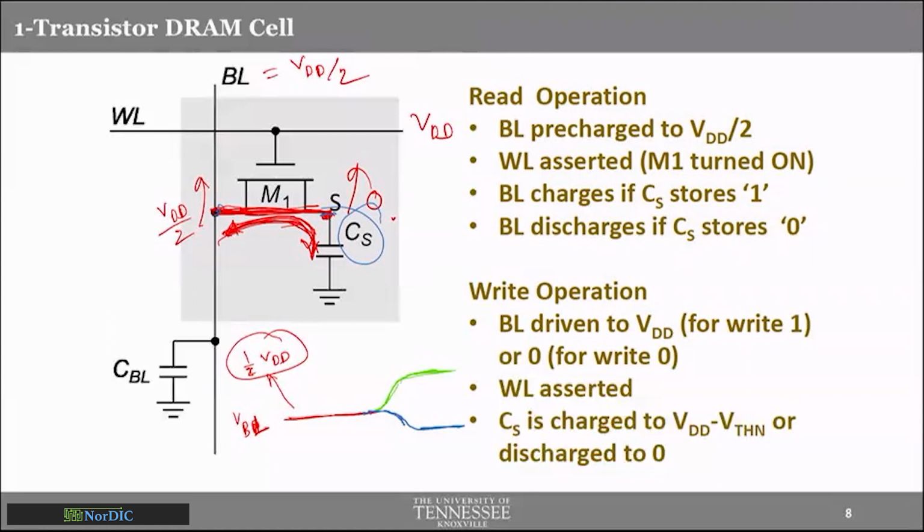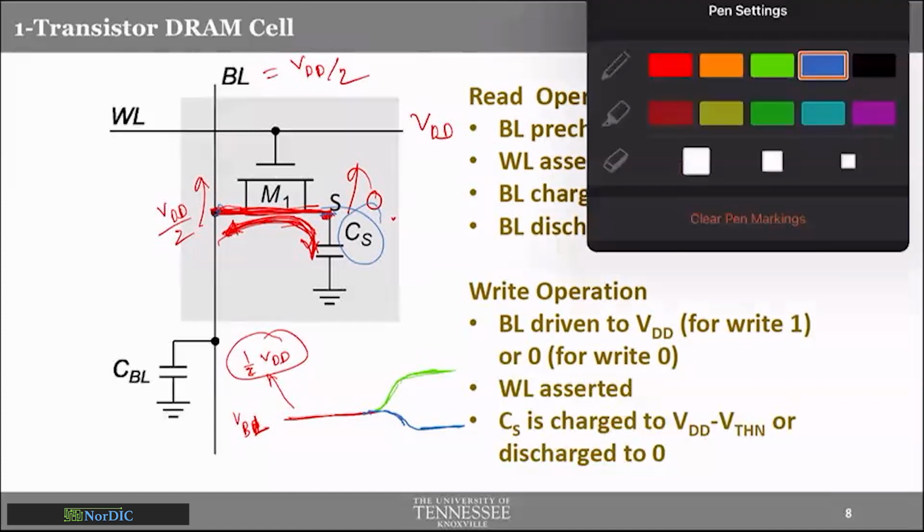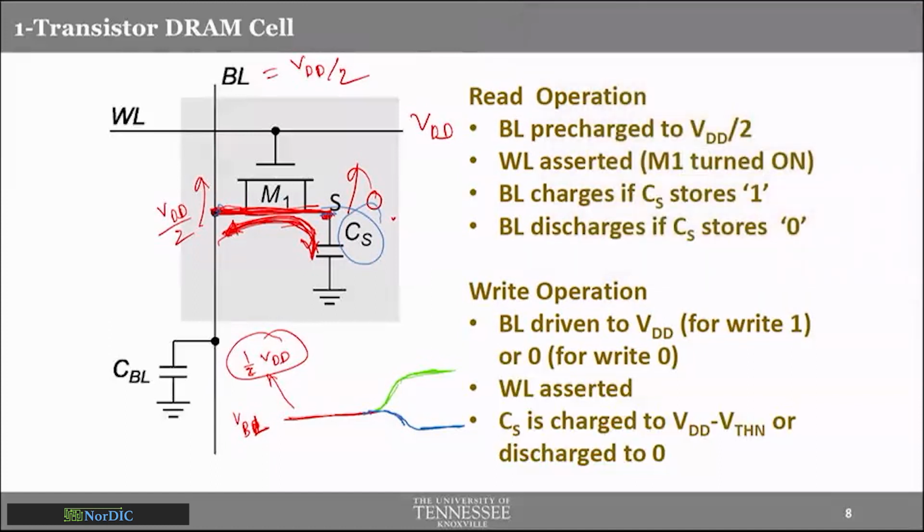Now, here comes the sense amplifier. A sense amplifier senses what is going on. There could be voltage sense amplifier or current sense amplifier. You can either sense changes in current or you can sense changes in voltage. Okay, so let's make it simple. Let's consider a voltage amplifier which has two inputs. One is reference and one is the input that you provide.